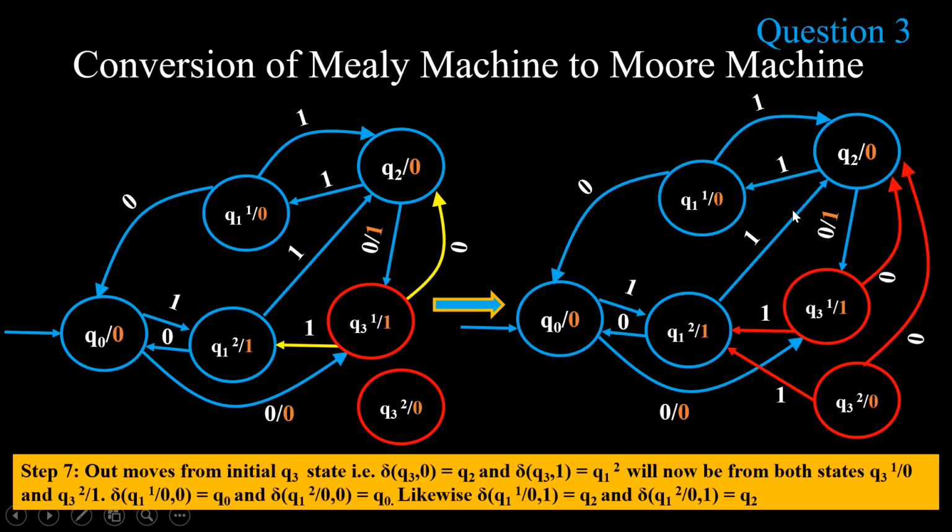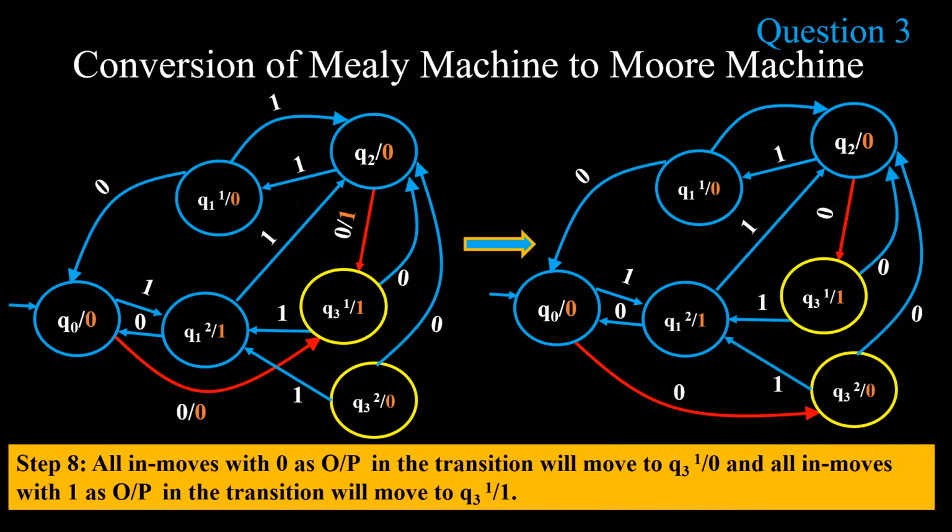Outputs have been covered. Next step is inputs. When we talk about inputs, we just need to take into consideration all states which had input 0 will move towards 0 and all states which had input 1 will move towards 1. And the machine will be converted from Mealy to Moore.